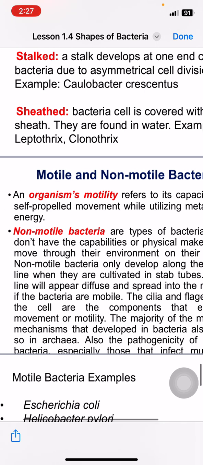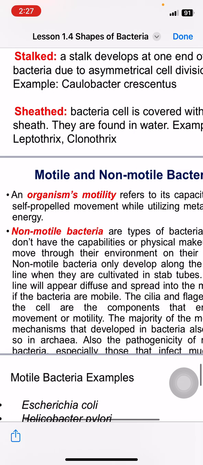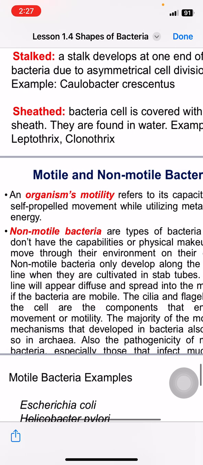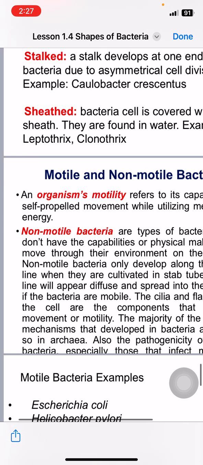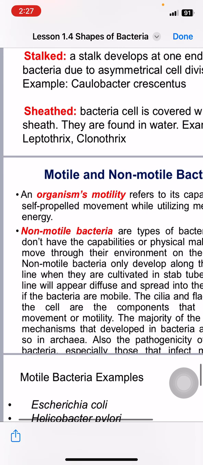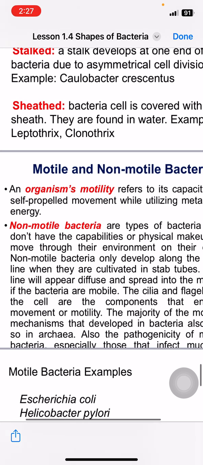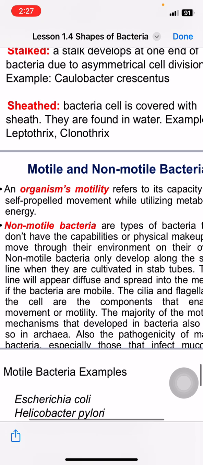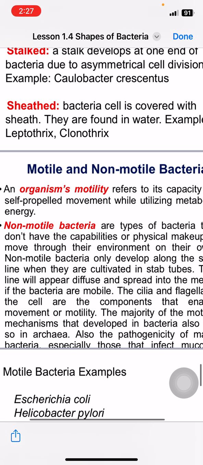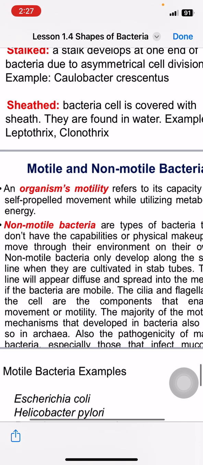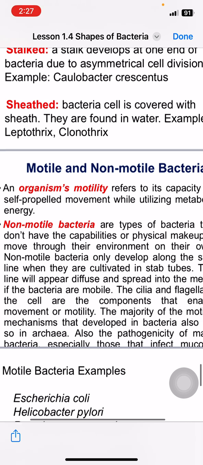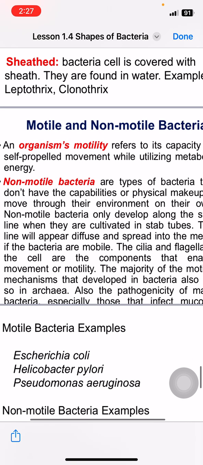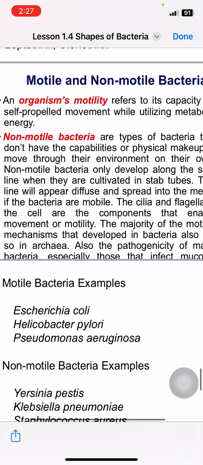That is why we call them non-motile, because there is no presence of movement. These are the bacteria that only grow along the stab line of a stab culture. Non-motile bacteria may spread throughout, but they cannot move. Okay? So that is the motility and non-motility of bacteria.